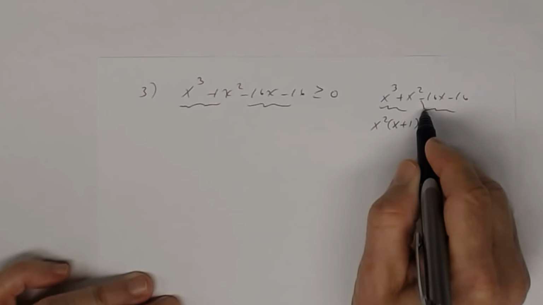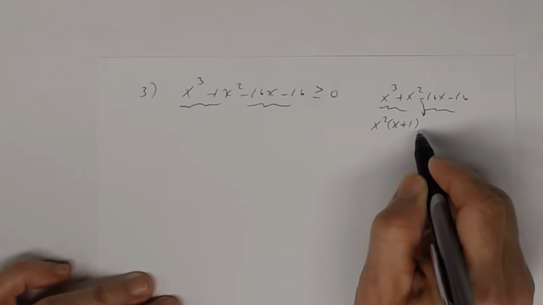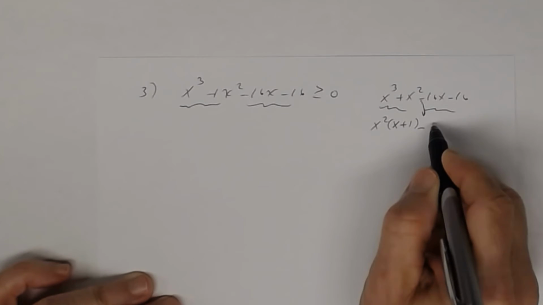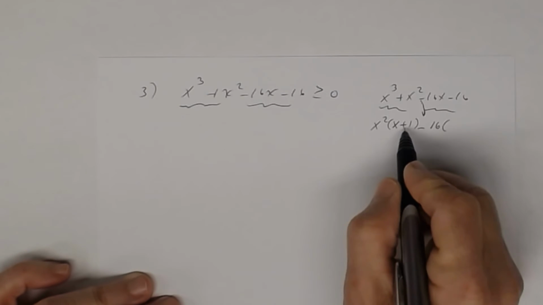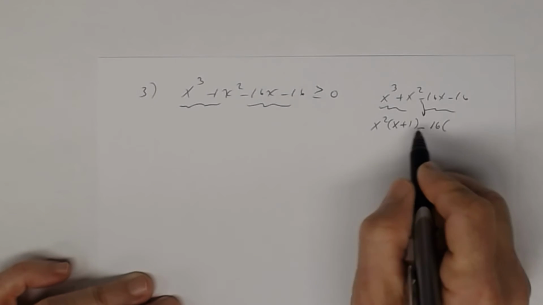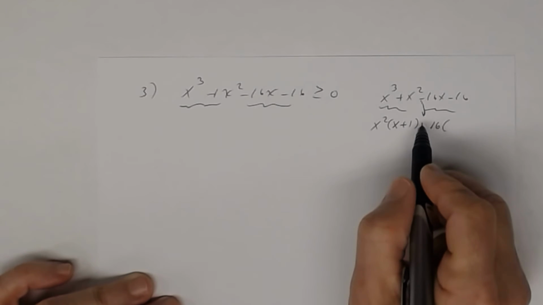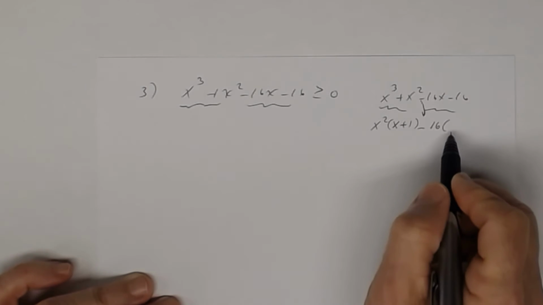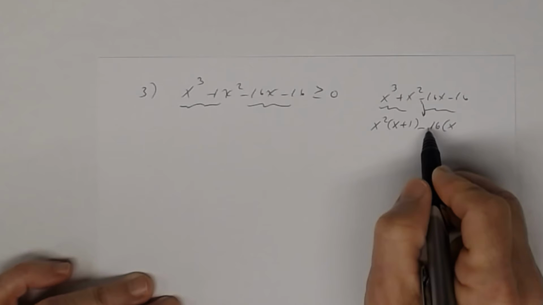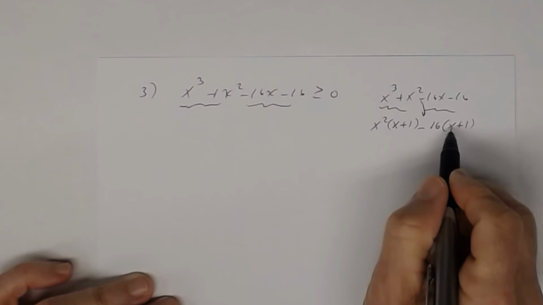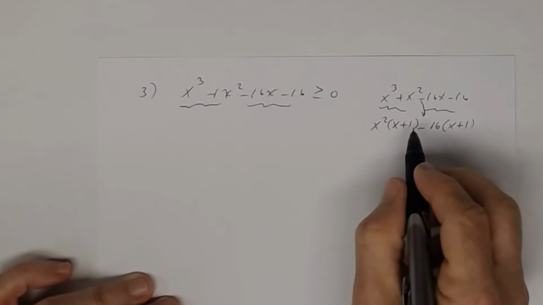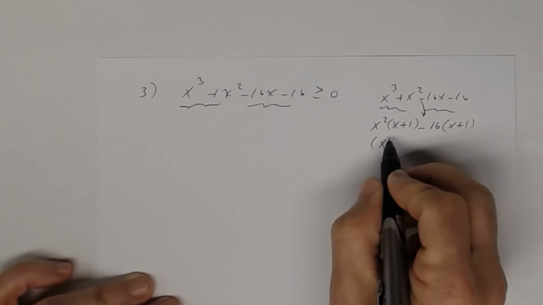In the second group, you're going to factor out that negative GCF, which will be a negative 16. And if it is factored by grouping, those two in parentheses better be the same. Negative 16 times x is a negative 16x, and a negative 16 times a positive 1 is a negative 16. So notice the x plus 1s are in parentheses, so we factor that out.